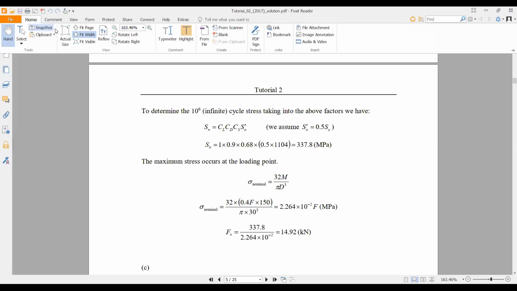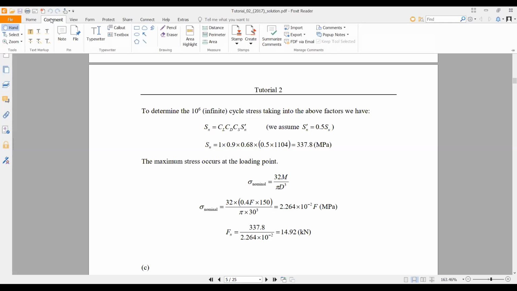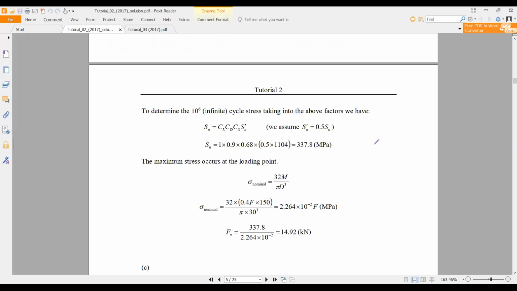Can I give the pins? So for the maximum stress, the nominal stress changes with the shape of the structure, right? Yes, of course, you are right. But in here, you don't worry about that because they gave us the equation for the circular shape.